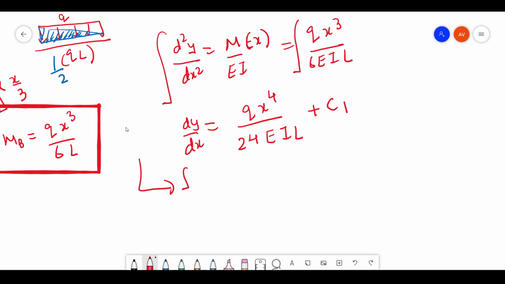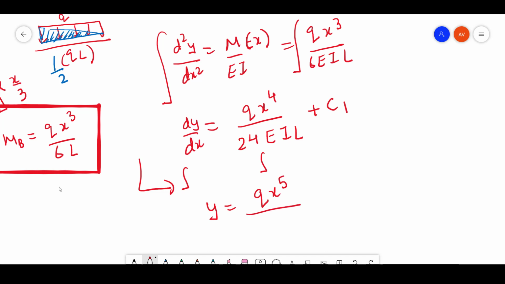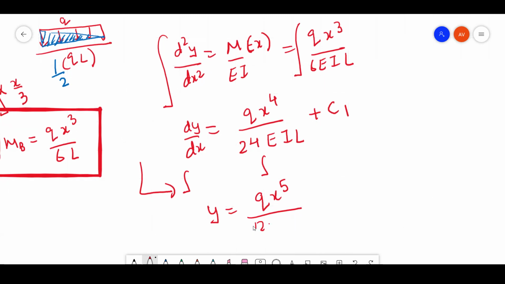Integrating both sides, you will get y is equal to qx raised to 5 by 120 EIL, plus c1x plus the next constant of integration c2.